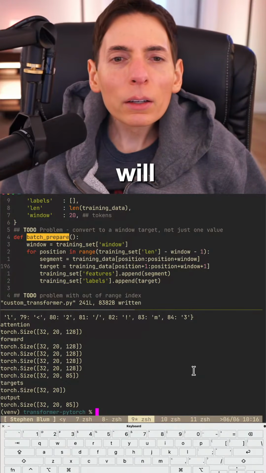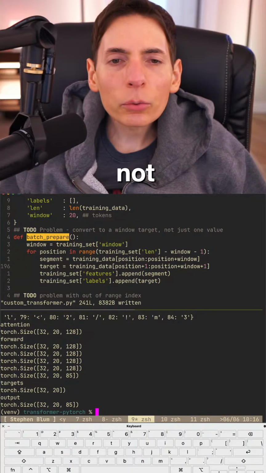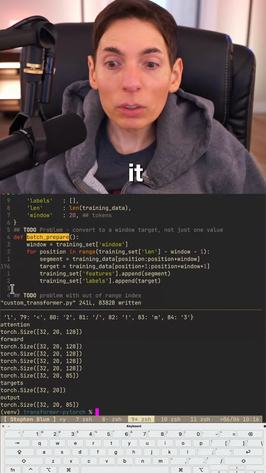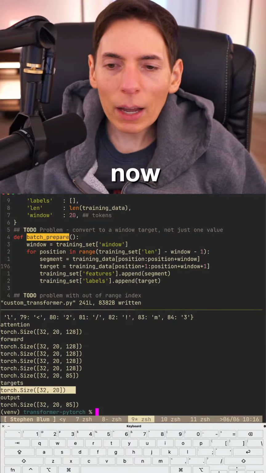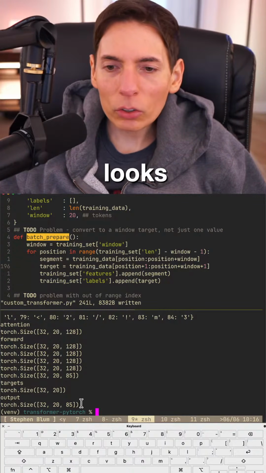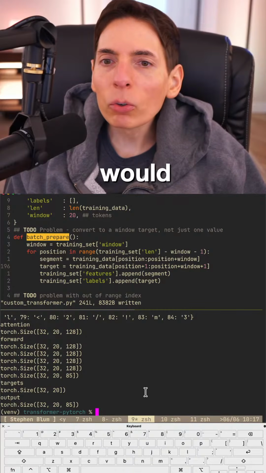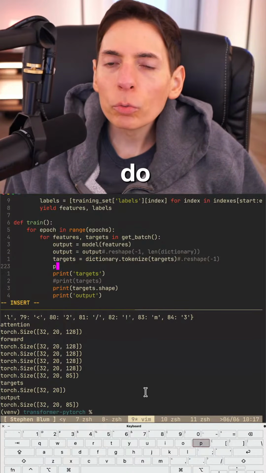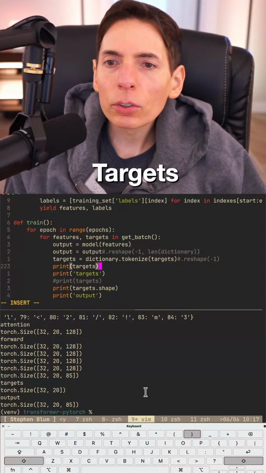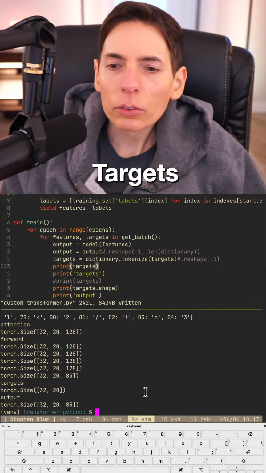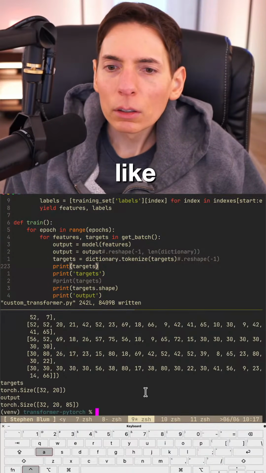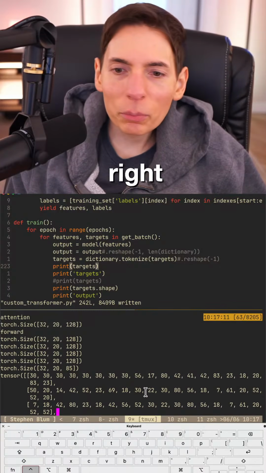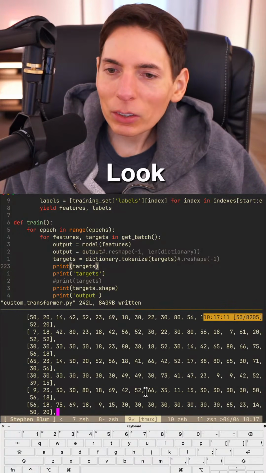Wait. 2D, not 3. Wait, hold on. Okay, that's good. Is it good? We're good now? So targets is good? It looks okay. I would like to print that. I'm going to print the targets really quick. Let's do print targets. See what that looks like. Yeah, all right to me. All right. Look at that right there.